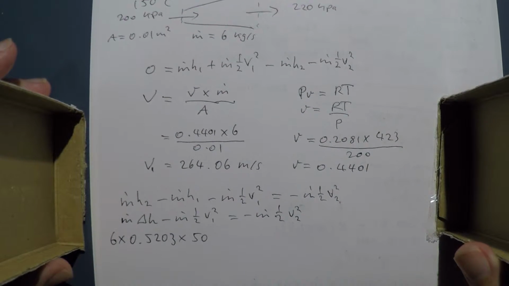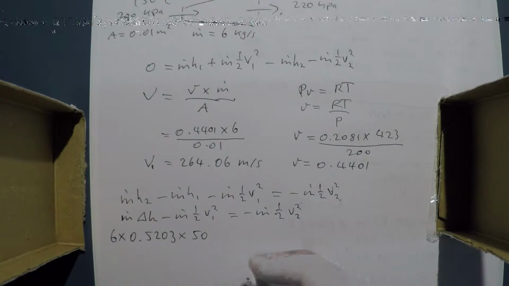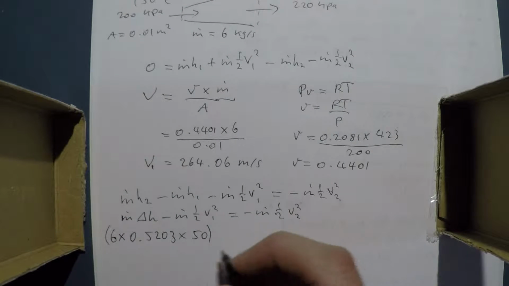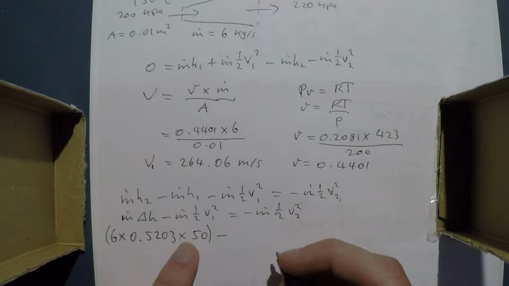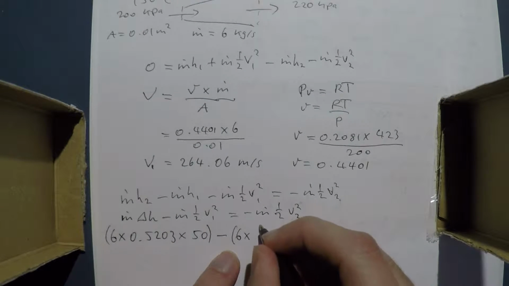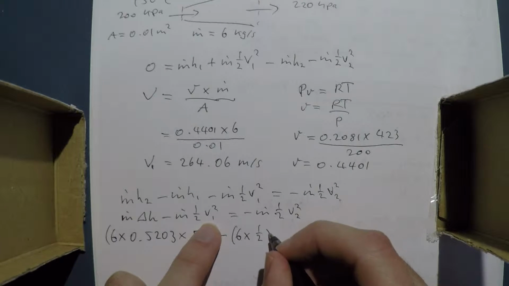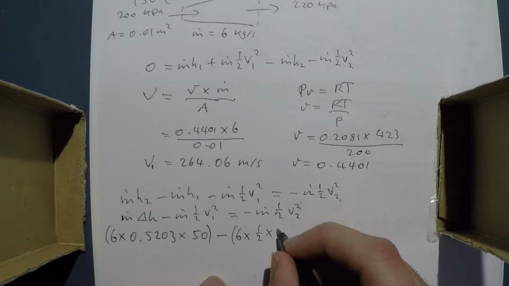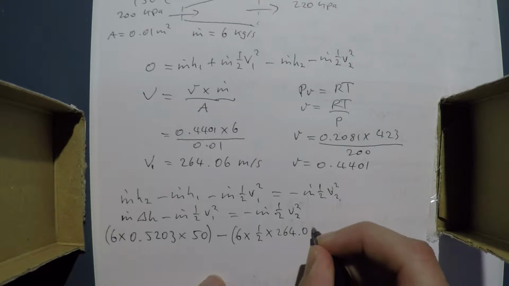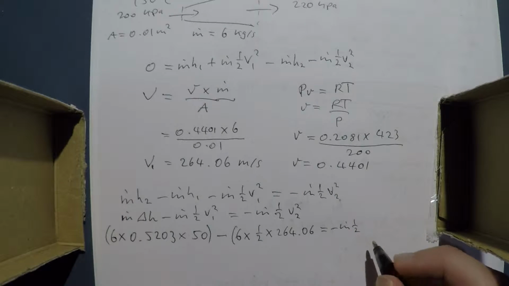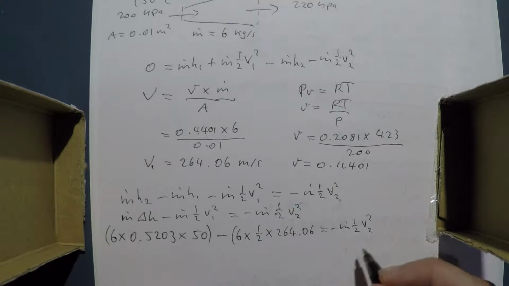I'm going to put this in brackets, and then minus the mass flow rate multiplied by a half times the velocity at the inlet, which we found was 264.06, and that's equal to the kinetic energy at the outlet.